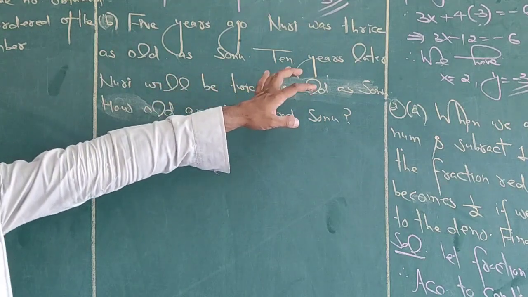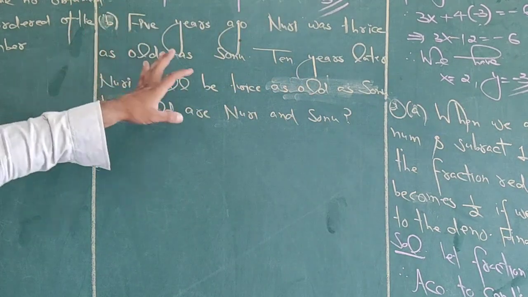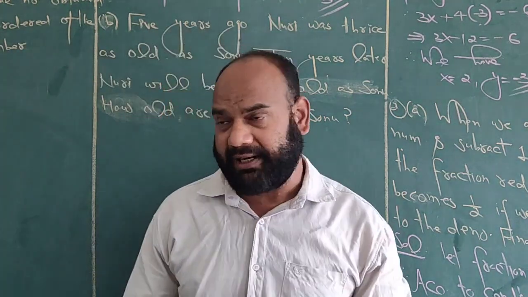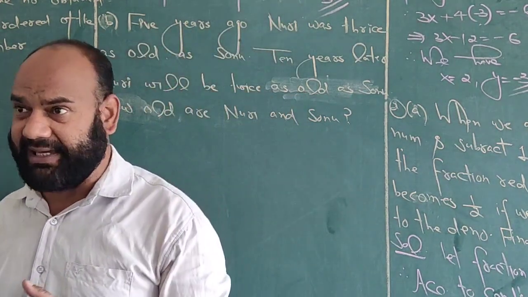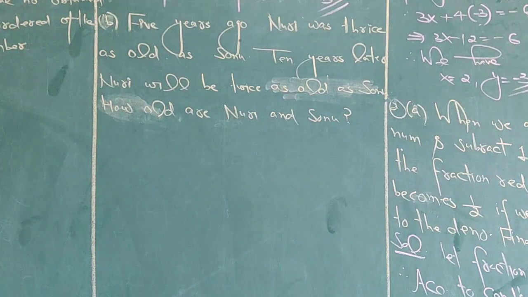And 10 years later means after 10 years, Nuri will be twice as old as Sonu. Then find the present age of Nuri as well as Sonu.